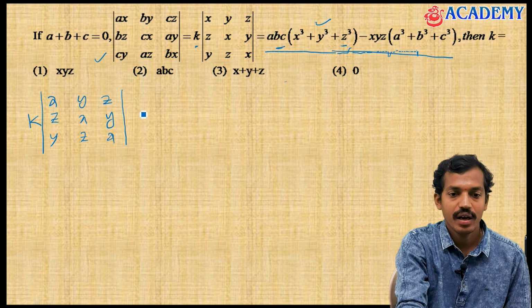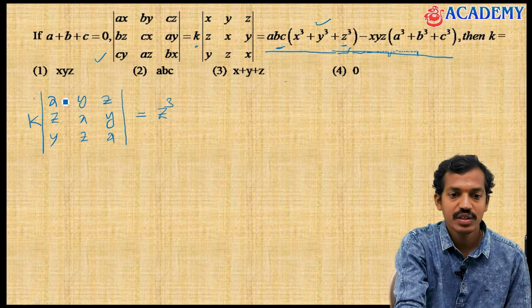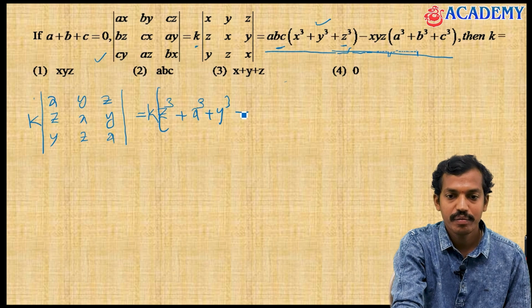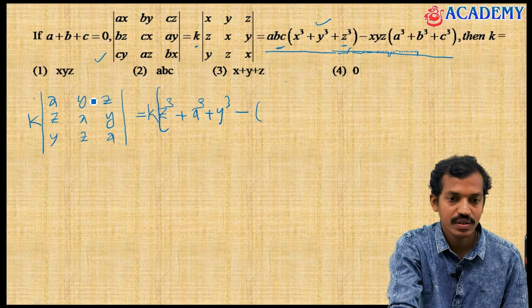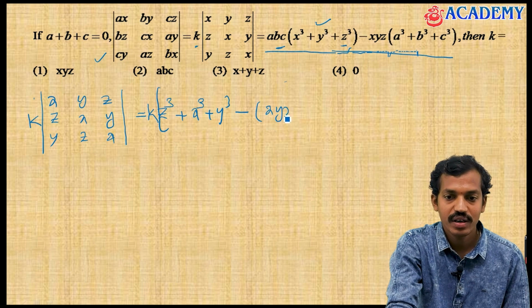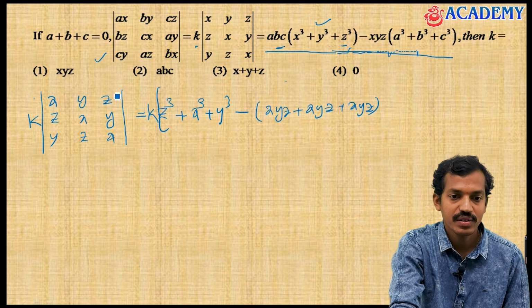Into k. I am writing the determinant directly here. That is, if you write here z, that is going to be z into z into z, z cube, x into x into x, plus x cube plus y cube. Here you will get k, k into minus half, next to x into z into y, you will get xyz plus xyz plus xyz, that is y into x into z.